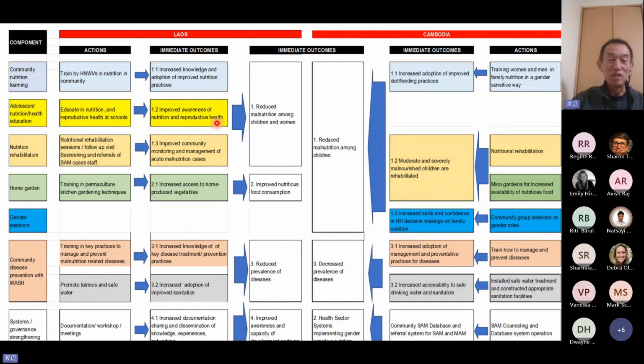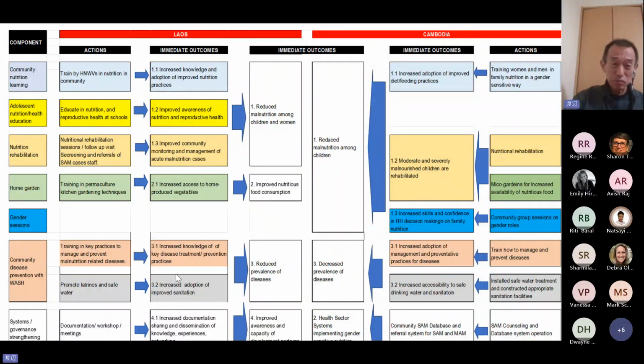One more big difference was that Laos included interventions for adolescent girls because of the life course nature of malnutrition. It is increasingly recognized that adolescent girls' health and nutrition is a very important cause of malnutrition. So that was the new element included in Laos.